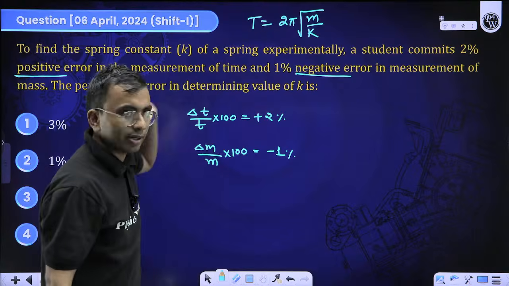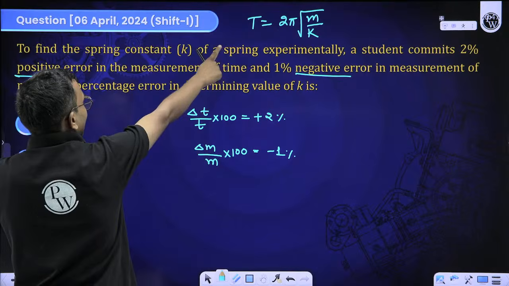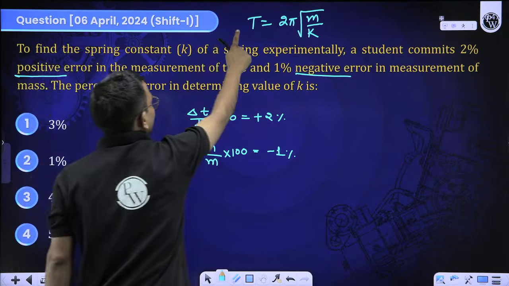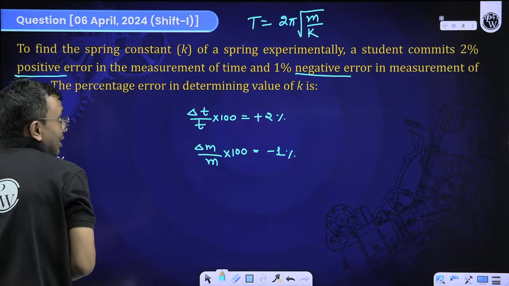Now if I write the error in T, how the error in T depends upon error in M and error in K, that relation I need.